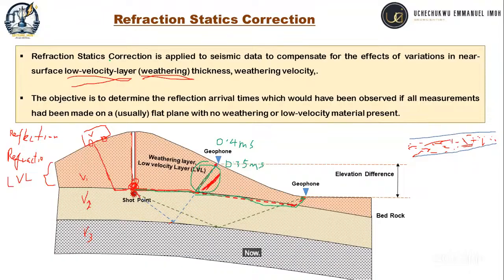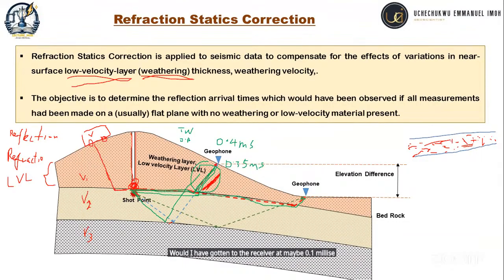Now, these refracted waves that travel along the boundary, which I'm shading green, and then go to these receivers, are very fast. Before your seismic wave does its two-way time from the shot point to the boundary and back to the receiver, at about 0.4 seconds, the one that is refracting, that went through this boundary, would have gotten to the receiver at maybe 0.1.